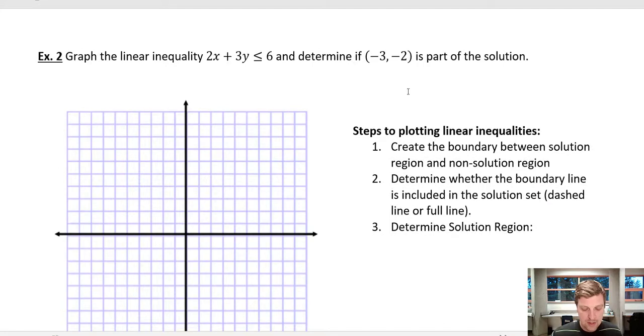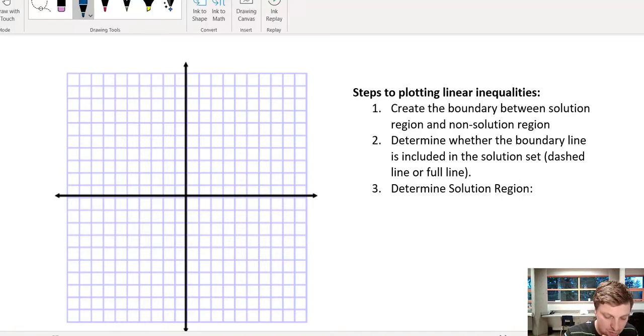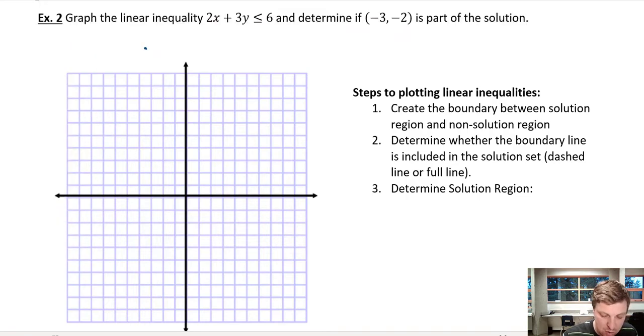Okay, so let's look at a couple of examples. We're going to graph the linear inequality 2x plus 3y is less than or equal to 6. And we're going to determine if (-3, -2) is a part of the solution. So the first thing I'm going to do is graph this by putting it in slope-intercept form.